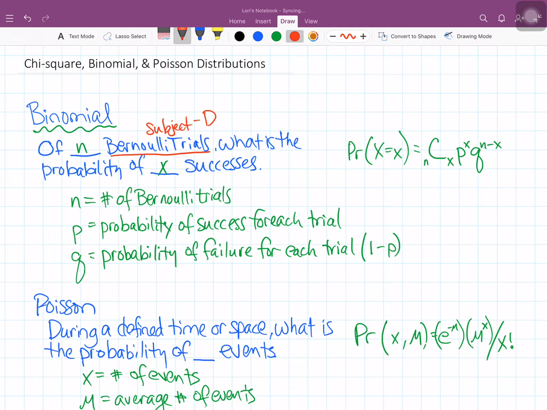Now, by success, that's also kind of a tricky term, because success implies something positive. In this case, it could be positive or negative. What is the probability of so many people in that particular sample having diabetes? I'll just say DM for diabetes mellitus.